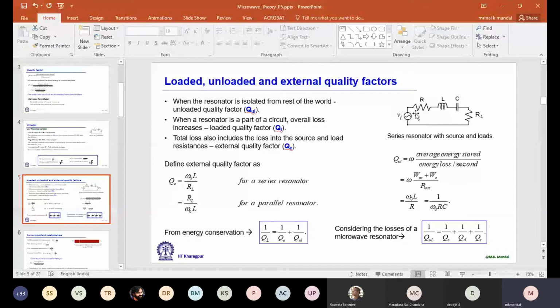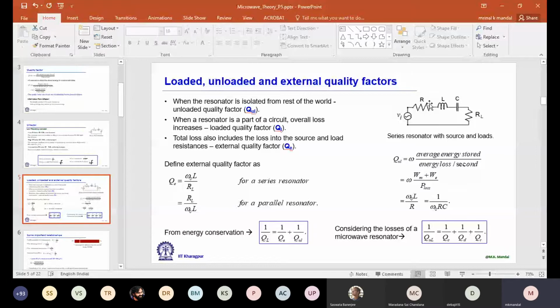It's a series resonator circuit, and the only source of power loss for the resonator is R. It is a part of the resonator. So when we determine the unloaded quality factor, we have to consider only RLC, as if it is isolated from the rest of the circuit and sitting in free space, let's say.